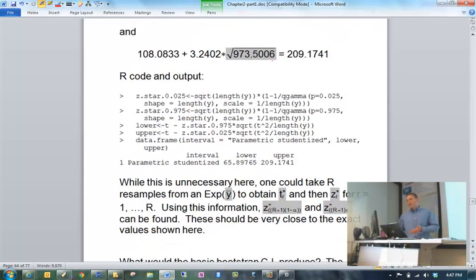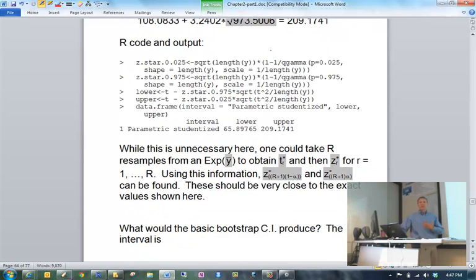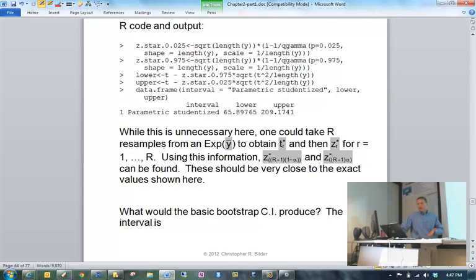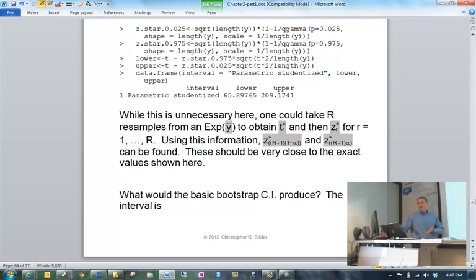Now, how would we do this if we actually wanted to take resamples? Of course, in this case, you wouldn't, because you know what the exact quantiles are. But again, just as a reminder, one would take R resamples from an exponential y bar.